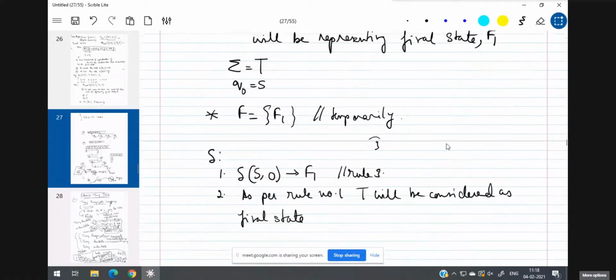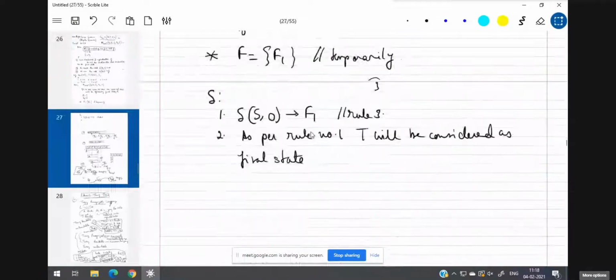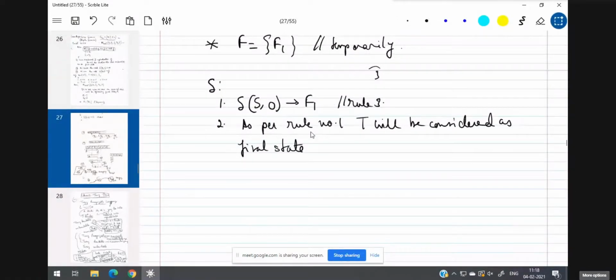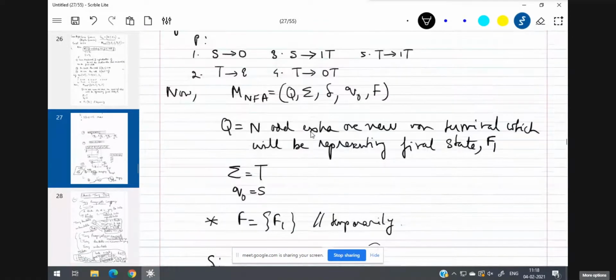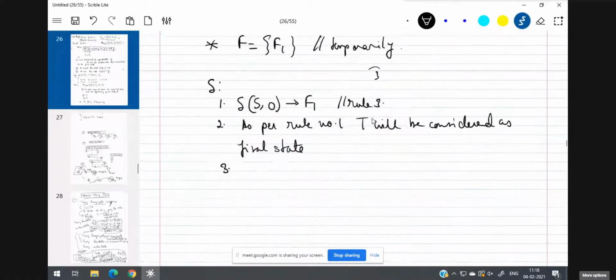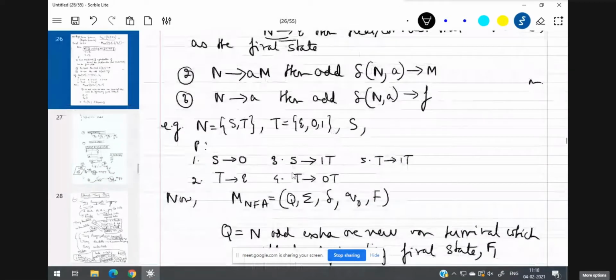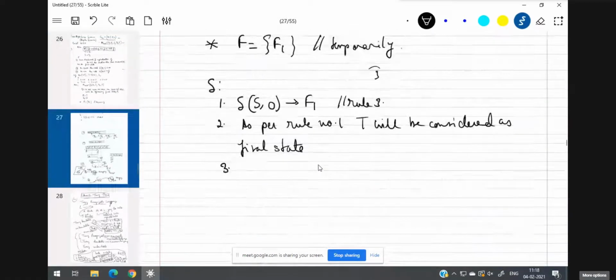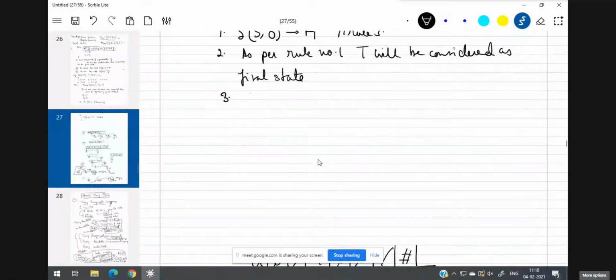Next, production number 3. As per rule number 2, if it is of this format, act like this. Production number 3 is S replaceable by 1 T. So delta of S comma 1 is T. This is as per rule number 2.